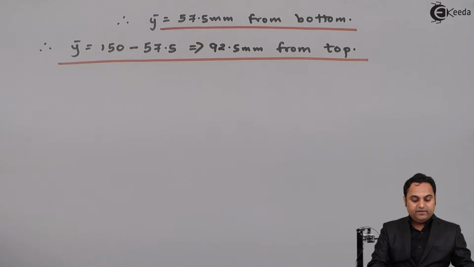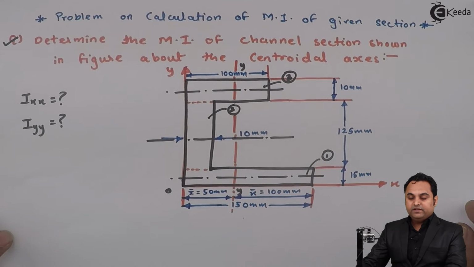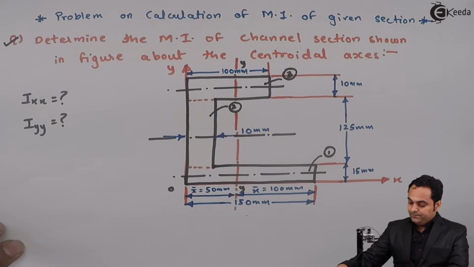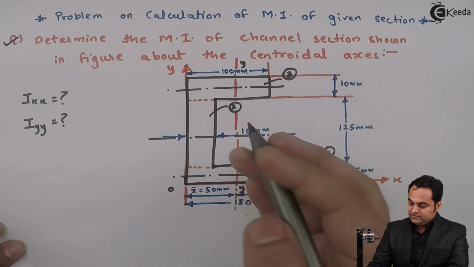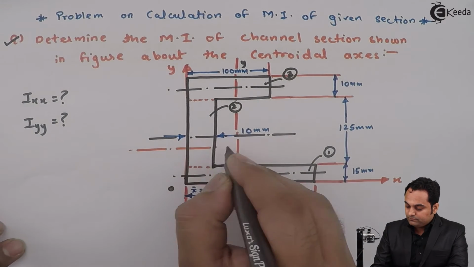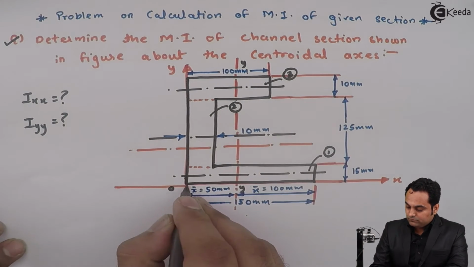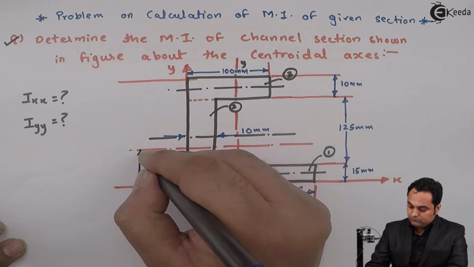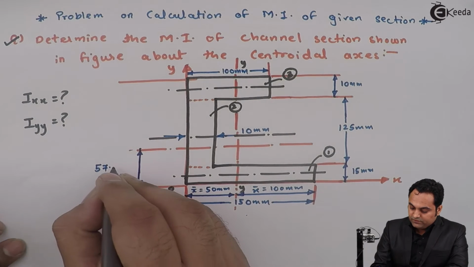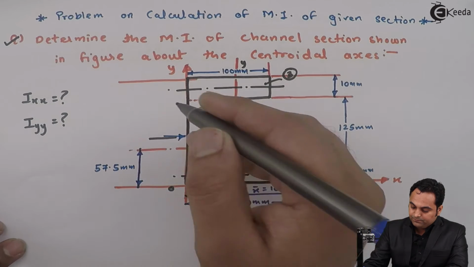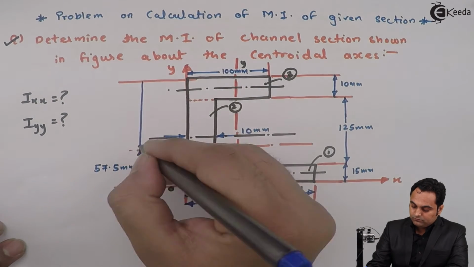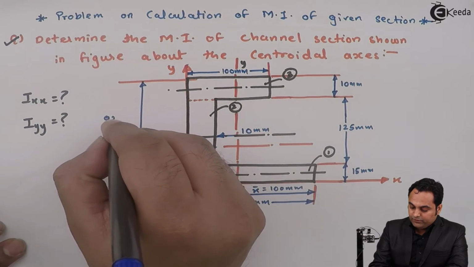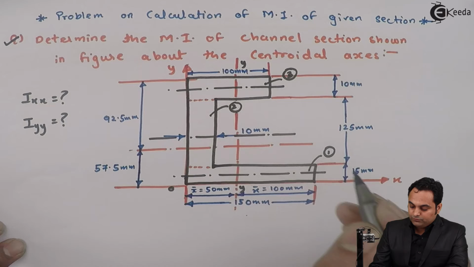After getting the y bar values, we can say that the x-axis has been located. So the x-axis is at 57.5 mm from bottom and 92.5 mm from top.